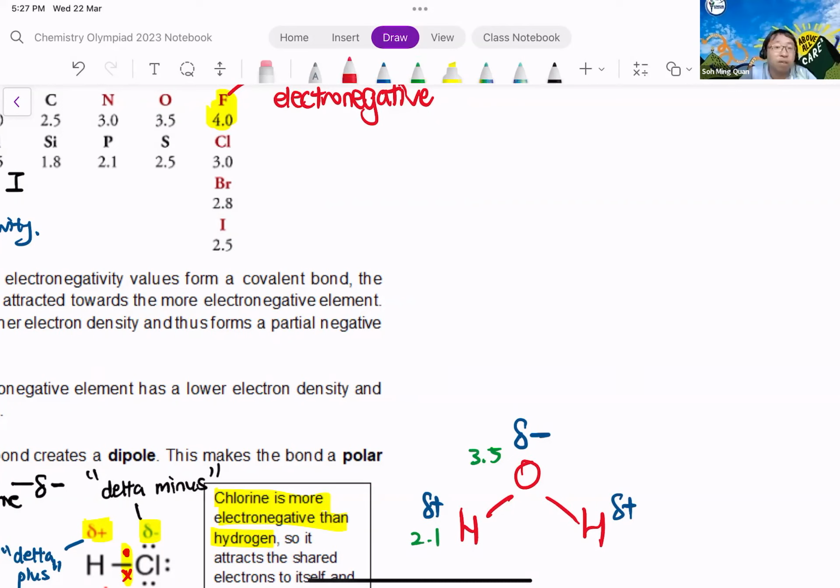So take for example, if I were to dissolve sodium chloride in water. Sodium chloride is made of Na+, Cl-. Na+ ion is attracted to the oxygen. Cl- ion is attracted to the hydrogen.